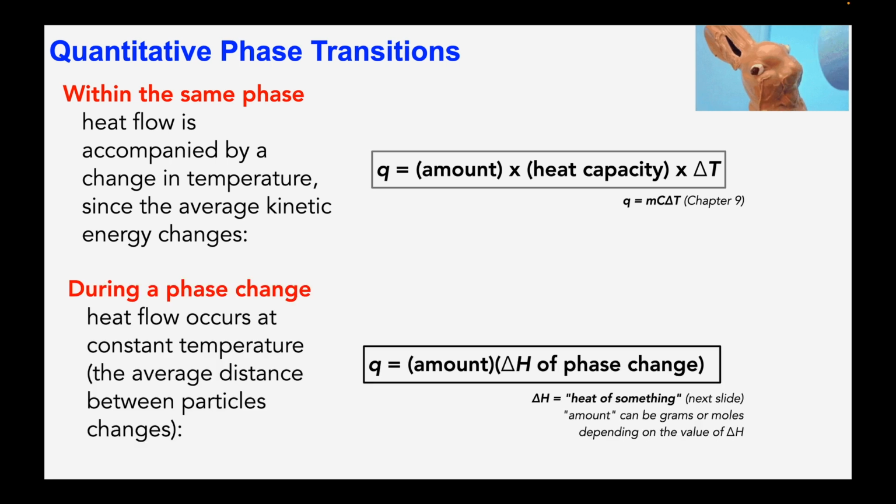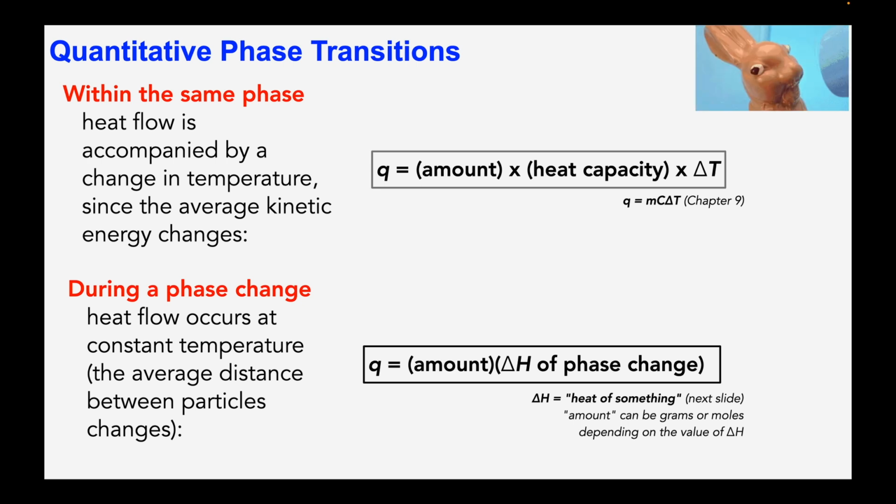You can also have a phase change, like you can turn a solid into a liquid, or a liquid into a gas. And there's also a heat associated with that, which can be positive or negative. The value of Q, the amount of energy it's going to take or the amount of energy you're going to get out, depends on the amount times the delta H of a phase change. Now, delta H is enthalpy, and there are lots of different delta H values.